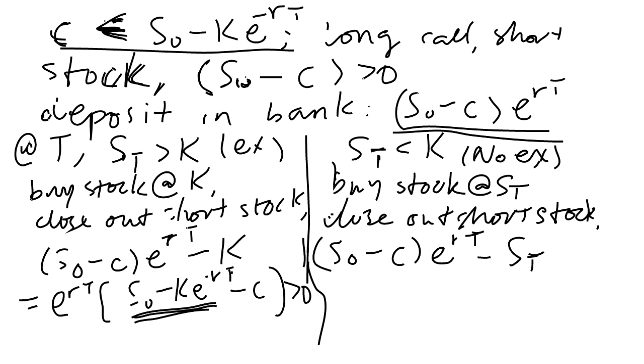And on the right hand side, since this one is minus ST, which is when it's not exercised, ST is less than K, so you minus something that's smaller, this one should be greater, which is in turn greater than 0, which is proved on the left hand side. Okay, any question?